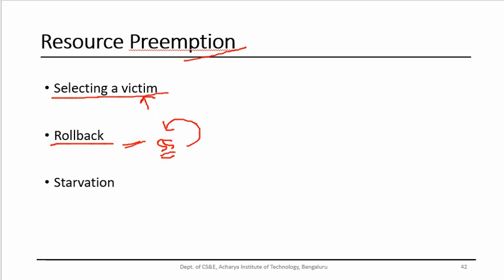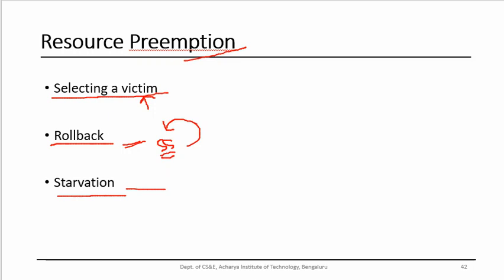You will have to maintain, at regular intervals of time, the state of all the running processes, which is computationally expensive. So here what people normally do is, instead of rolling it back, they abort the process. That's the approach they use. Another challenge associated with resource preemption is starvation.